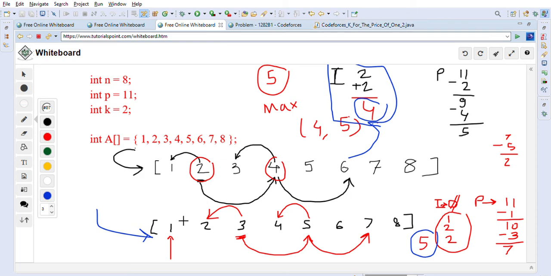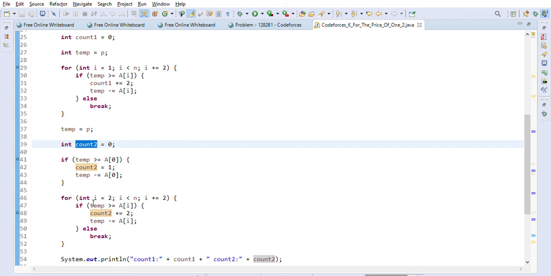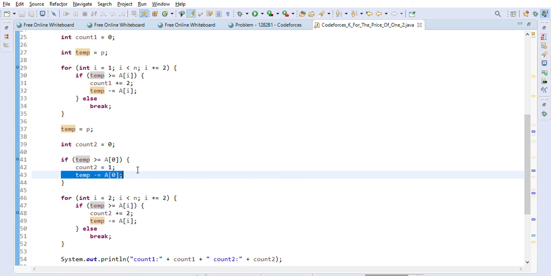So first we will always check this value, and we will buy that item. So as you can see, first item we are checking and we are buying that item basically. So count2 will be 1 in that case, and temporary, meaning our number of coins, will be decreased by the amount of the first item's value or price, right?